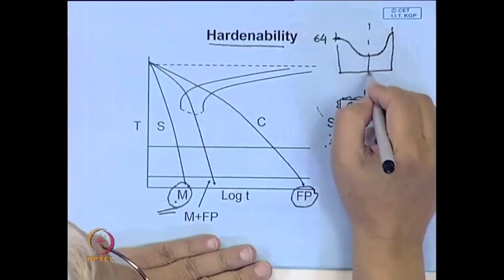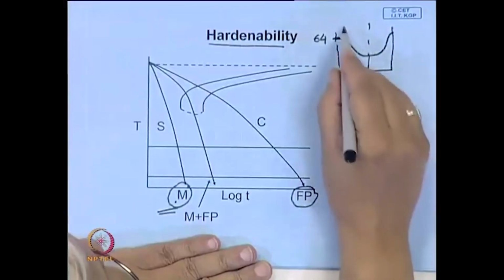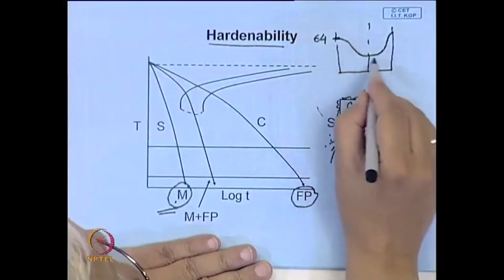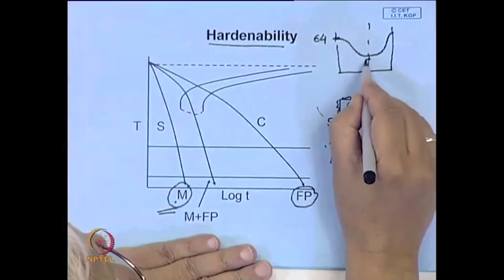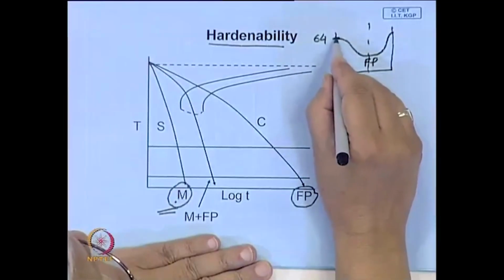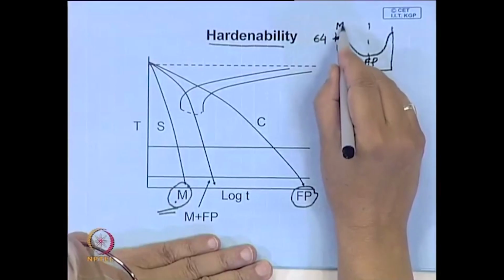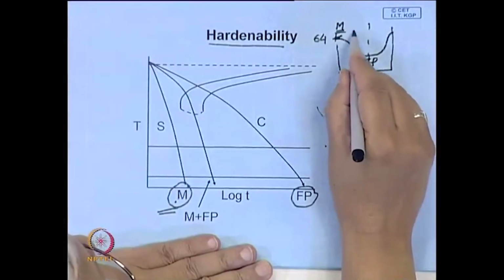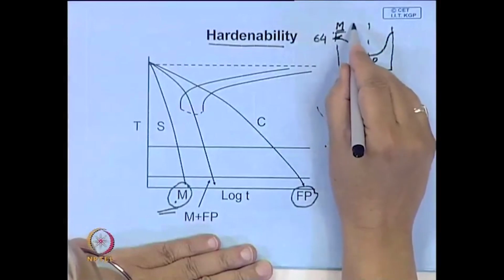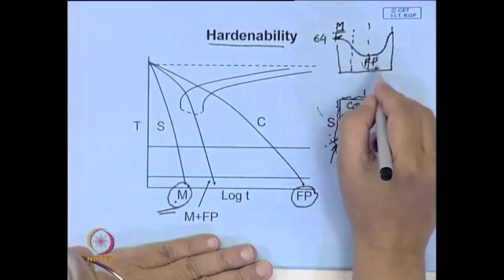This curve, if it is a cylinder, it should be symmetric, let us say. And so, what you have here, you have fine pearlite, here you have 100% martensite. In between you can think about a structure where it is 50% martensite, 50% pearlite.